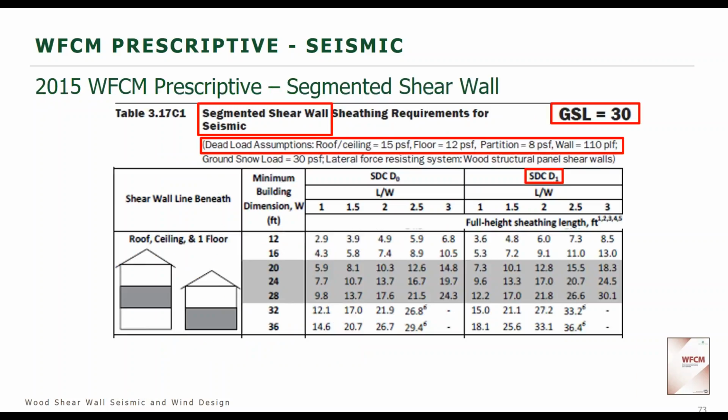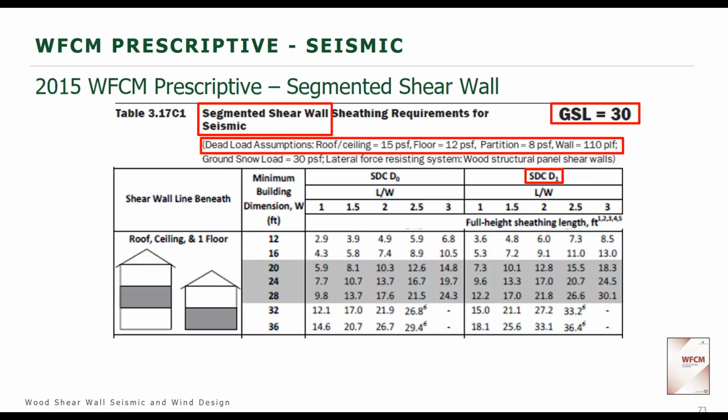And now what we look at in the prescriptive design, we're going to find out what the minimum requirements are for the length of the shear walls needed for the load being applied to the building. So we have Table 3.17C1 for our segmented shear walls. We start off with segmented. Even if we're only going to do perforated, we always have to start off with our segmented shear wall design.